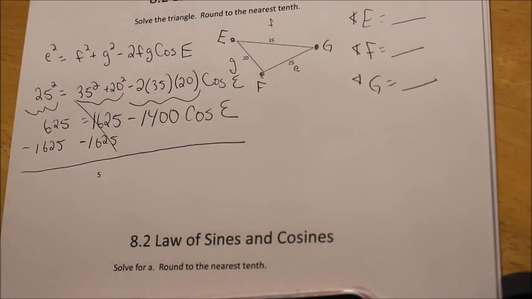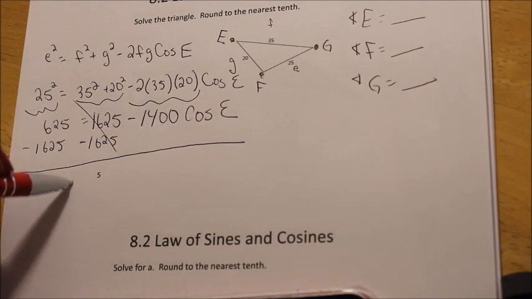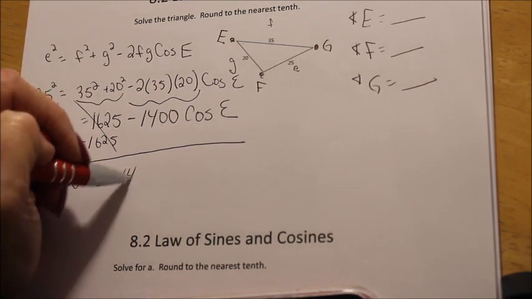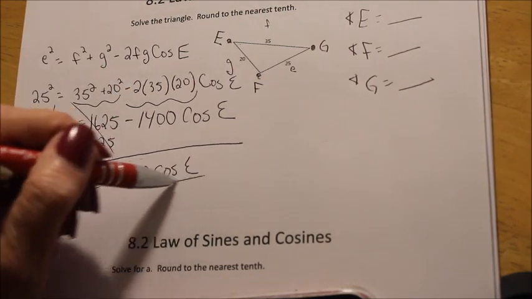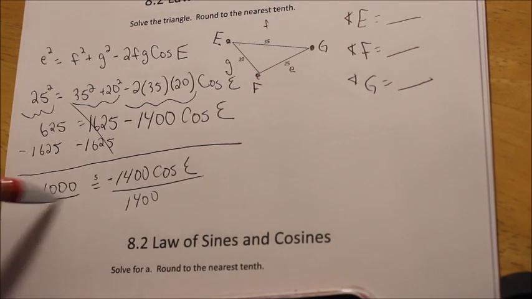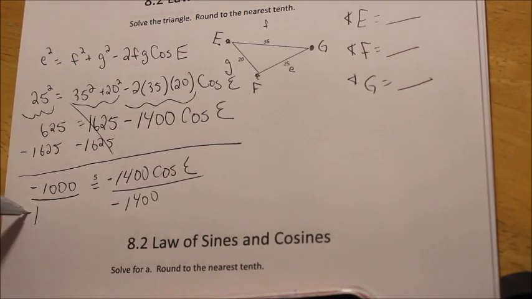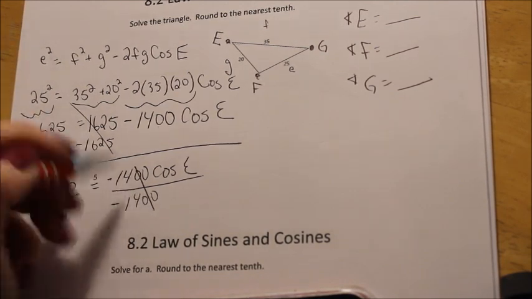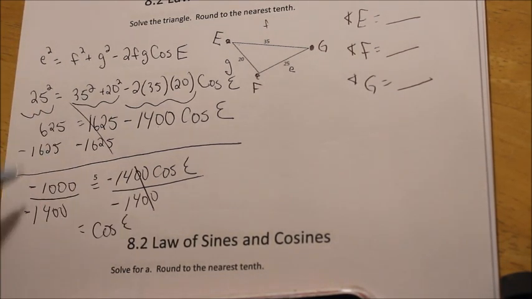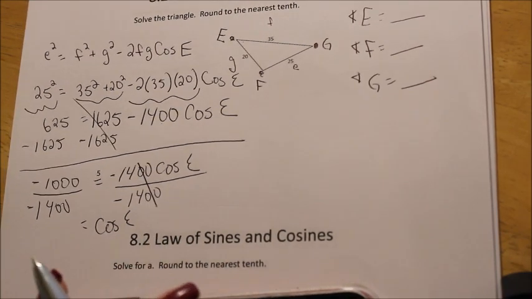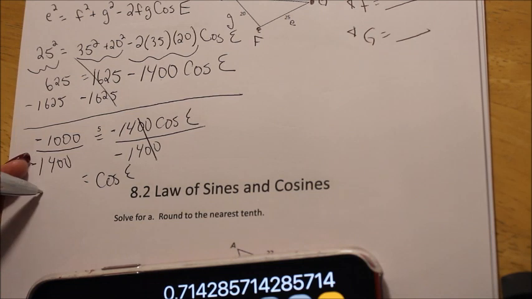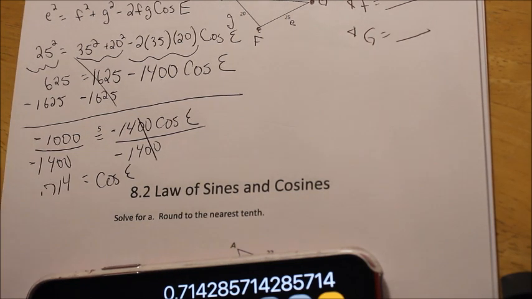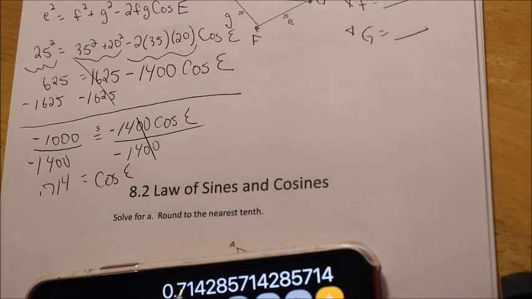That'll cancel here, and we're left with negative 1000 is equal to negative 1400 times the cosine of E. Now we're going to divide both sides by negative 1400, and we get the cosine of E equals 1000 divided by 1400, which is 0.714. You can just do 3 places, 0.714.